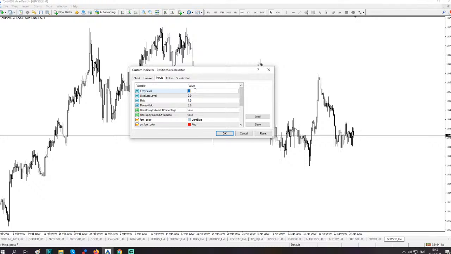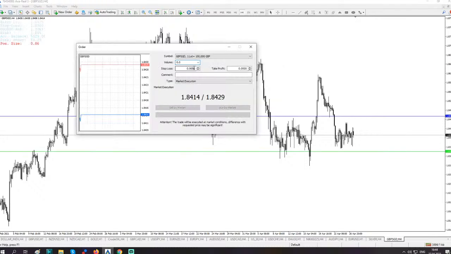Okay, you should open with a different volume. It depends on your account, on your amount. So personally I'm using a volume of 0.03.